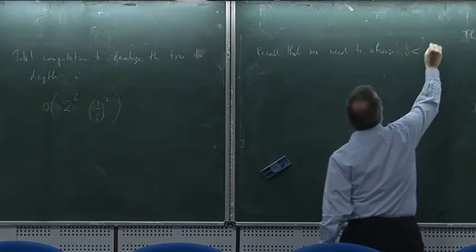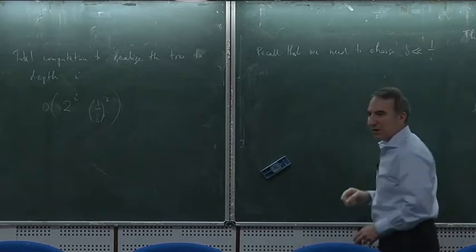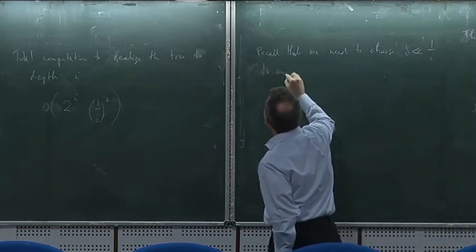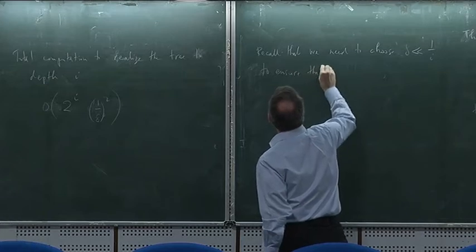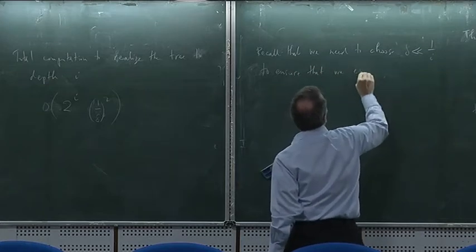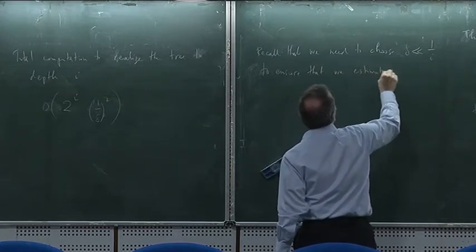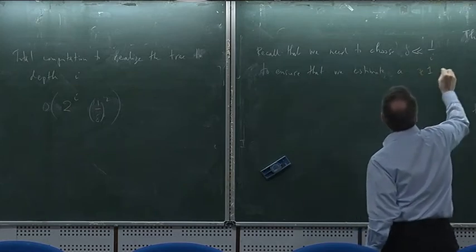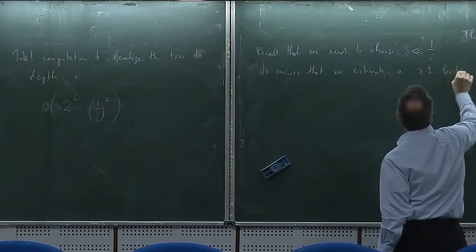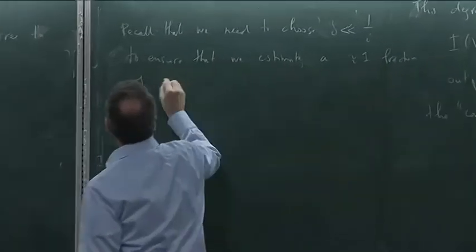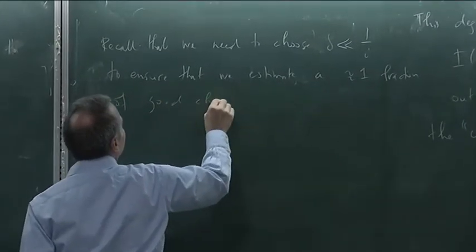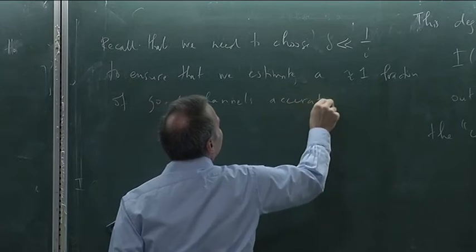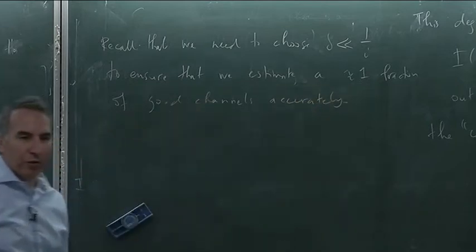So we also need to choose, recall, delta to be much less than 1 over I to ensure that we estimate approximately 1 fraction of good channels accurately.